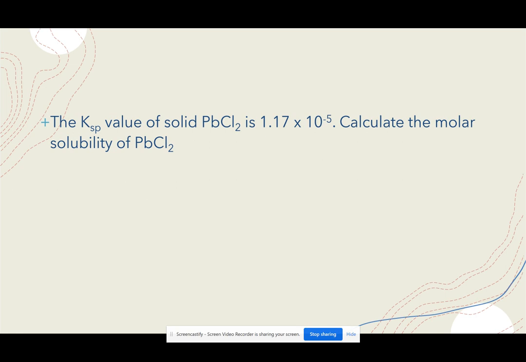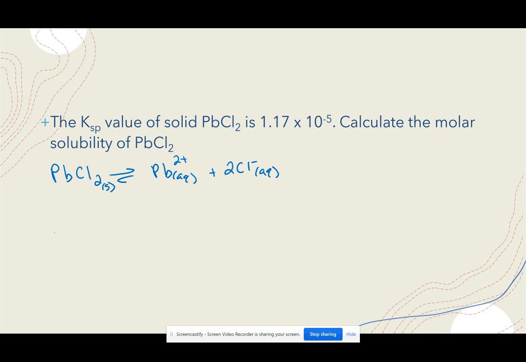The Ksp value of lead 2 chloride is 1.17 times 10 to the negative 5. So this one is similar with an extra little added twist. So lead 2 chloride, solid, dissolves into aqueous lead 2 ions and 2 chloride ions.